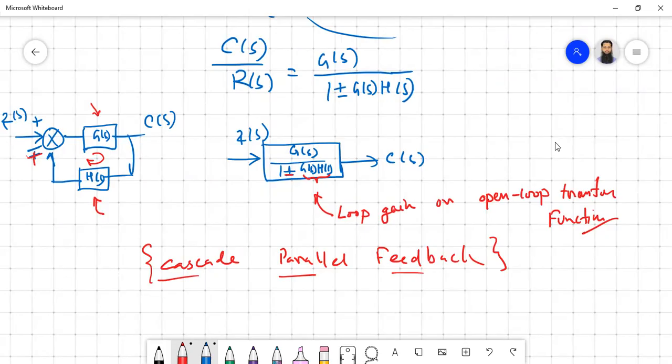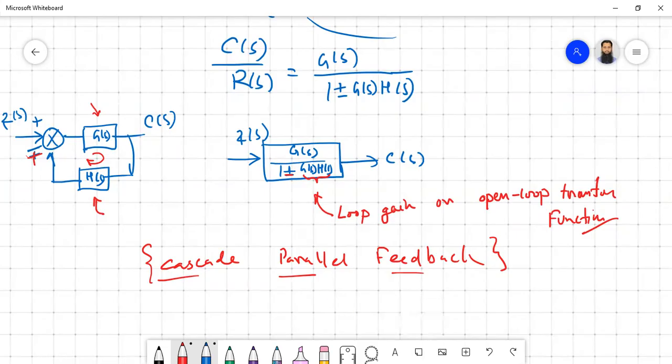But sometimes it is difficult to identify which one is available because of some branches in the middle. That is why it is prescribed to know how we can move the blocks from one side to another side of a pickoff point or the summing junction, so that we can bring those familiar forms that we know: cascade, parallel, or feedback.